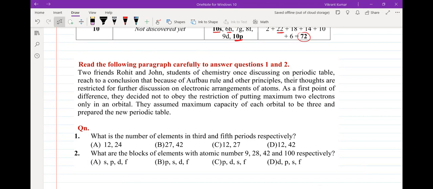So it's C. Second question also C. Okay, I'll wait for that.